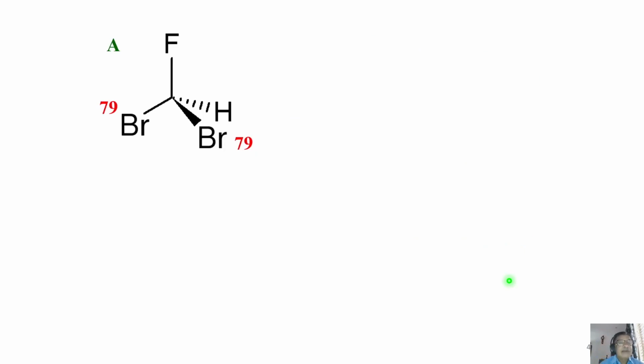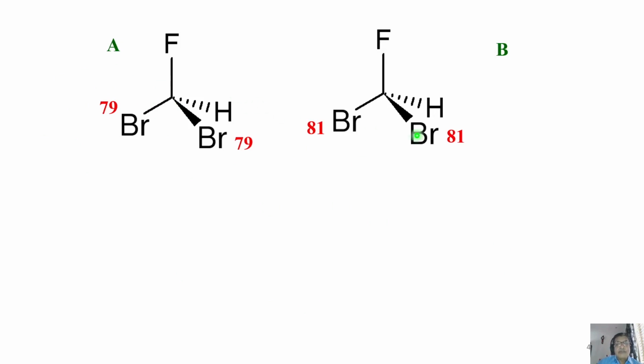Now, let us look at what are the possible isotopomers we can think of in this molecule. First situation, both bromines can be 79. There's another possibility: both bromines can exist as bromine 81.